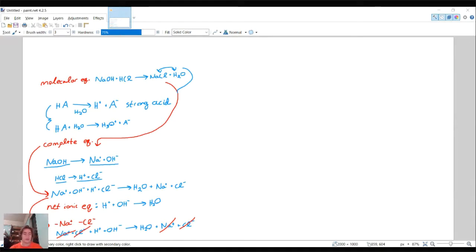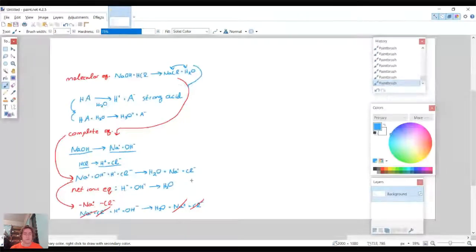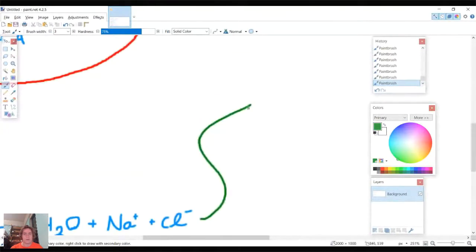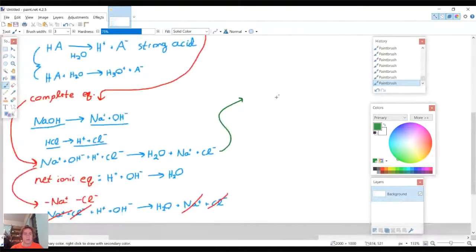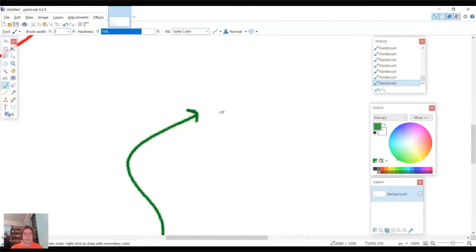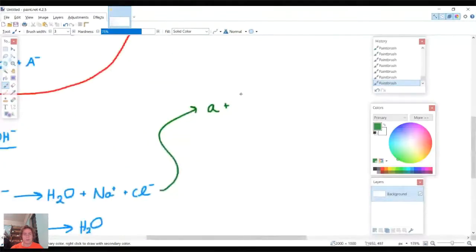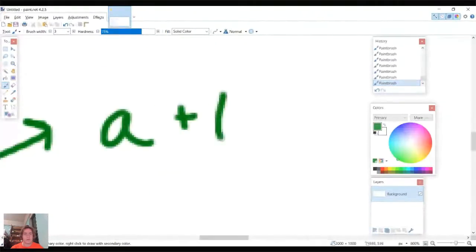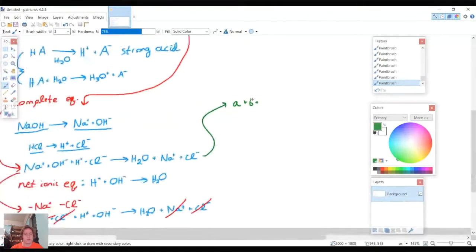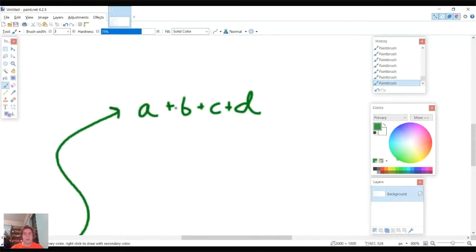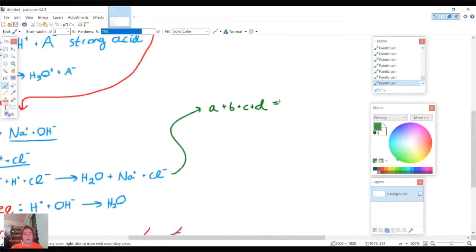So if we think about an algebraic equation, we're going to make this look a little different. Let's say Na plus is A for the sake of an algebra argument, and OH minus is B. The H plus is C, and the Cl is D. We'll replace the arrow with an equal sign.